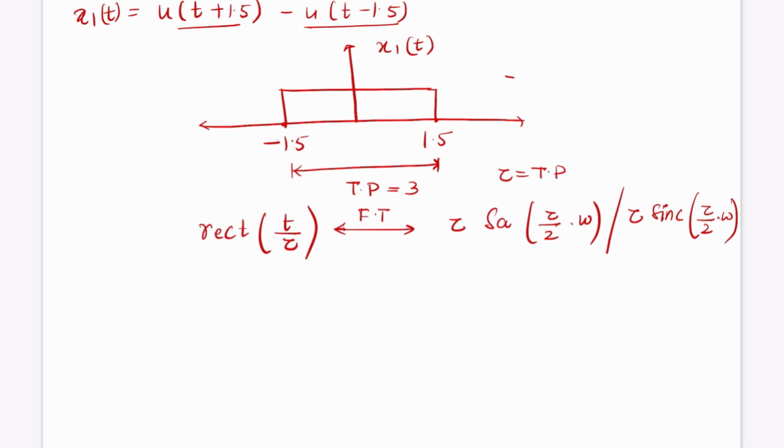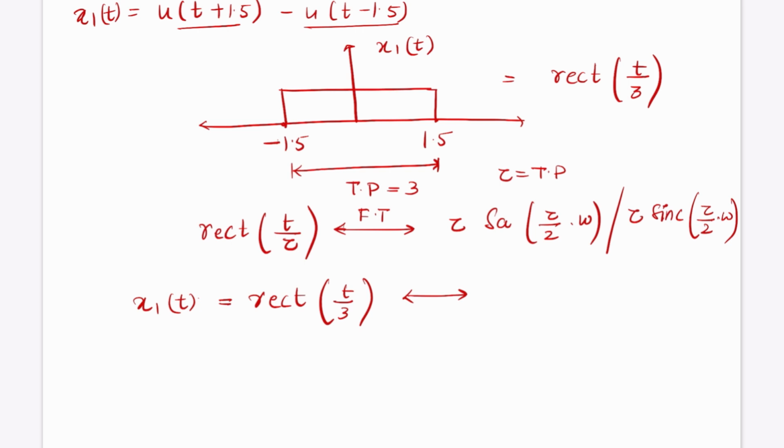So x1(t) is rect(t/3), where tau equals 3, giving 3 Sa(3/2 times omega), that is 3 Sa(1.5 omega). So this is X1(omega).